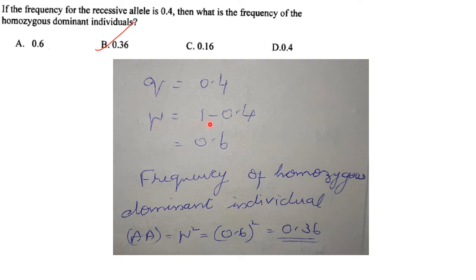So p is equal to 1 minus 0.4, that is 0.6. Then the frequency of the homozygous dominant genotype is p square, because you have two alleles, capital A and small a. So 0.6 whole square will be 0.36. So the answer is option B, that is 0.36.